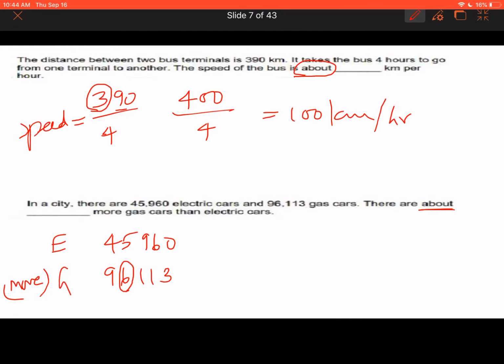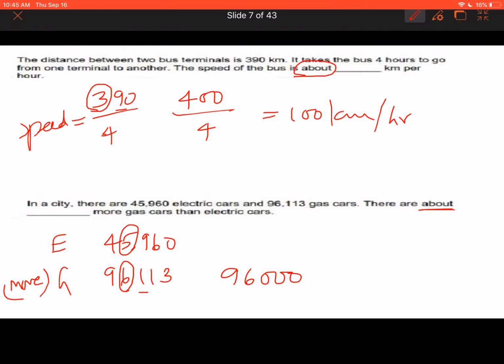We can go for rounding to the thousands place again. The thousands place is 6, so we check the next digit, which is less than 5, so we round it as 96,000. And I round this to the thousands place again. It has to be the same place value, then only we can get the answer correctly. Whenever we approximate two numbers, the digit selection has to be the same.